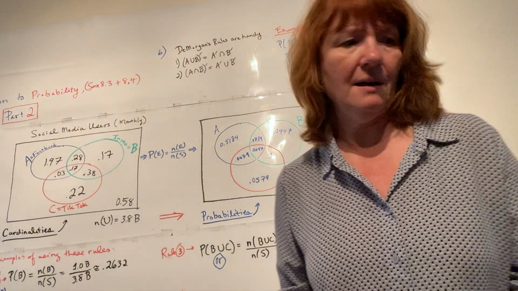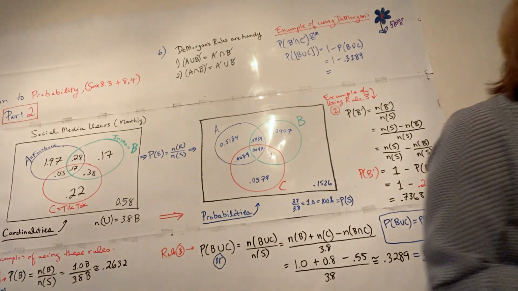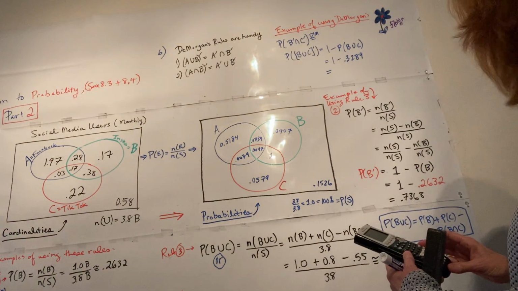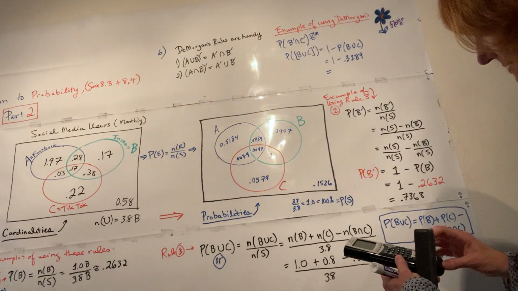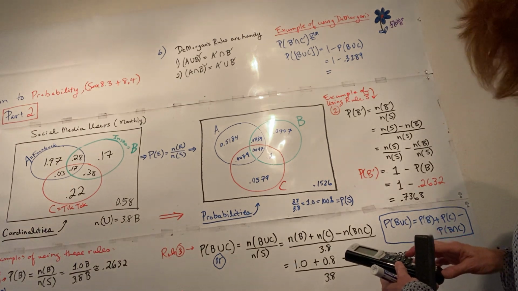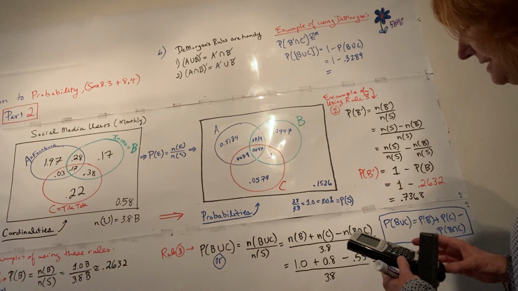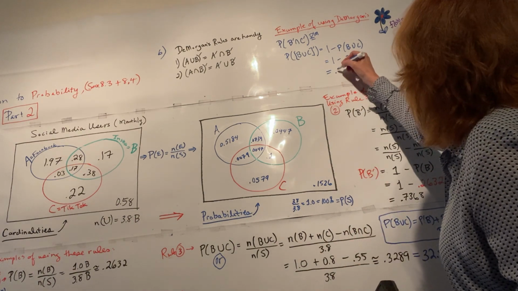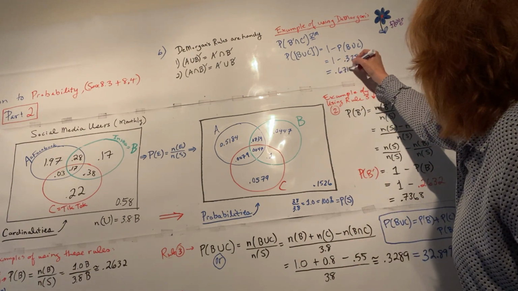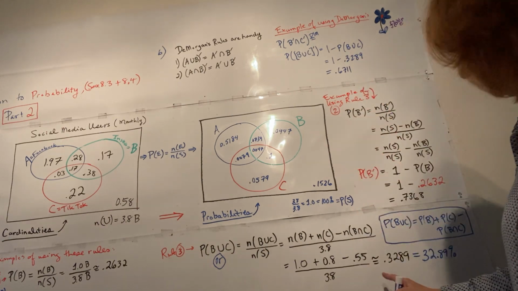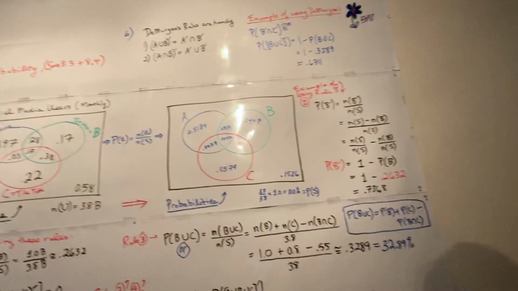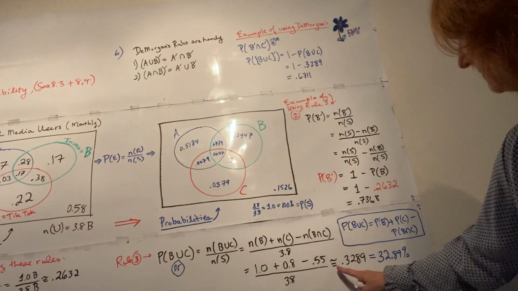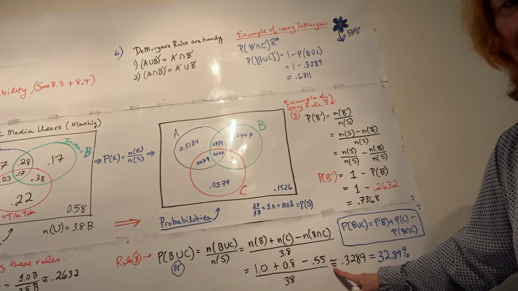And what is that, using your handy dandy calculator? 1 minus 0.3289 is 0.6711. If you remember when we were down here, we had a little approximation symbol at some point, right?